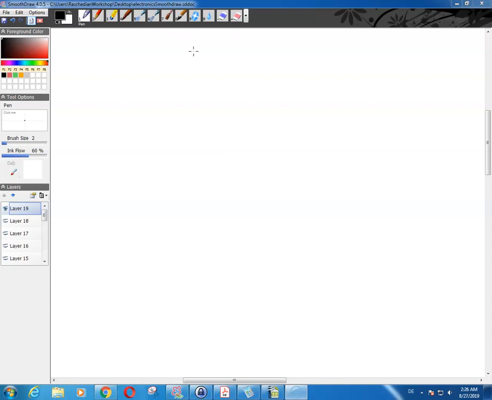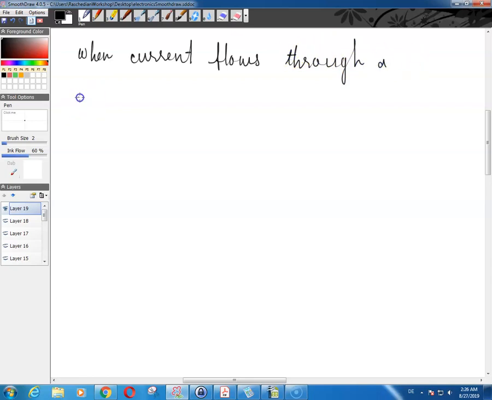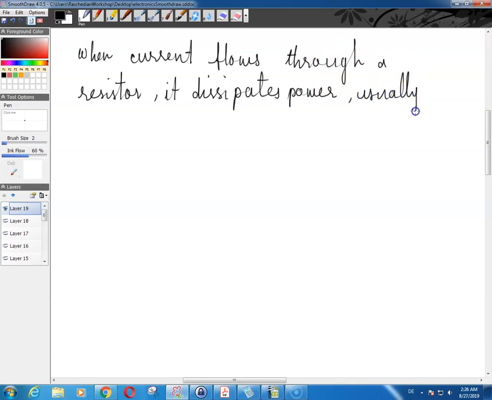So basically, then you can say that when current flows through a resistor, it dissipates power, usually in the form of heat.